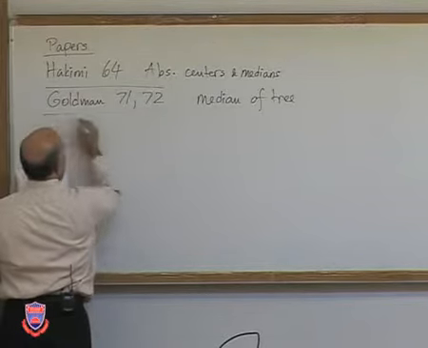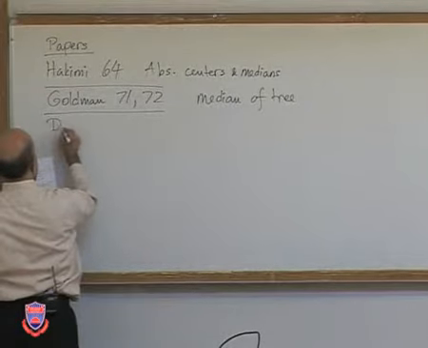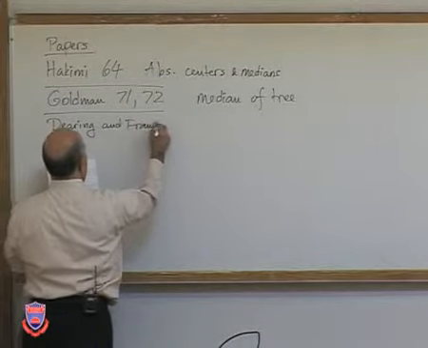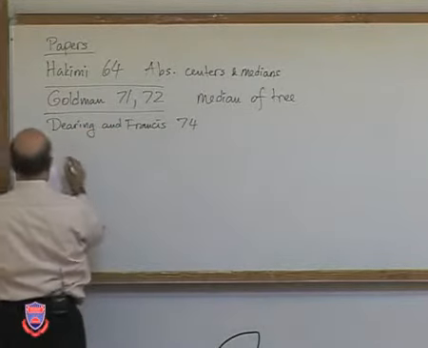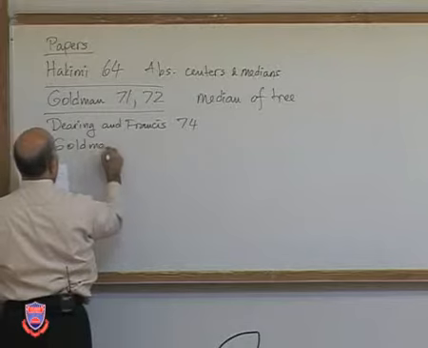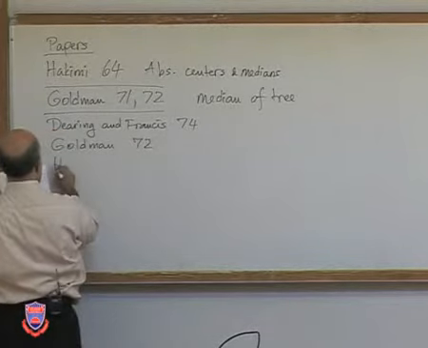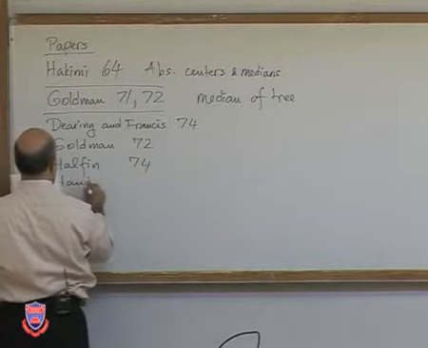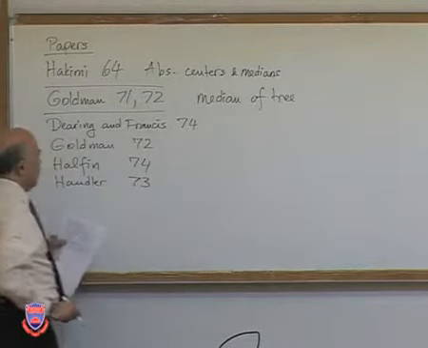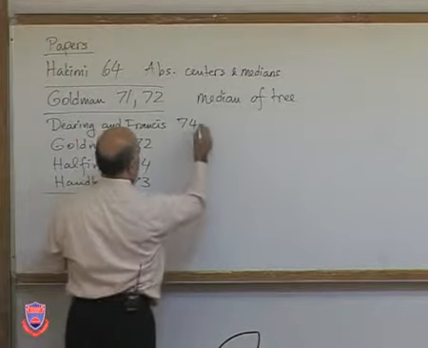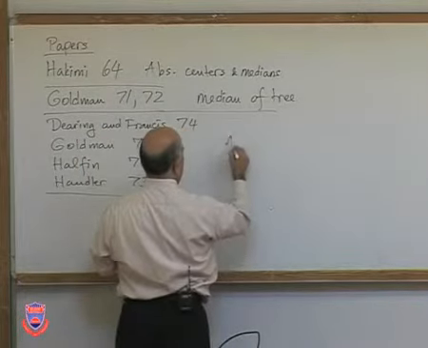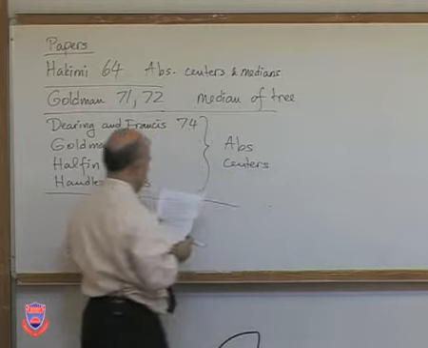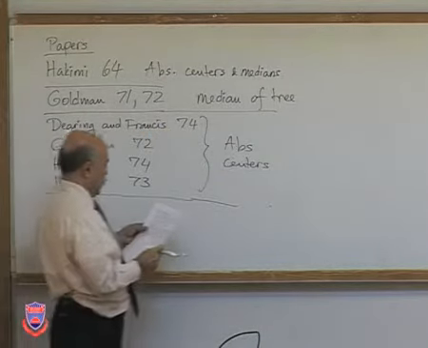And next, Deering and Francis, '74, Goldman, '72, Halfen, '74, Handler, '73. These are on absolute centers of trees.